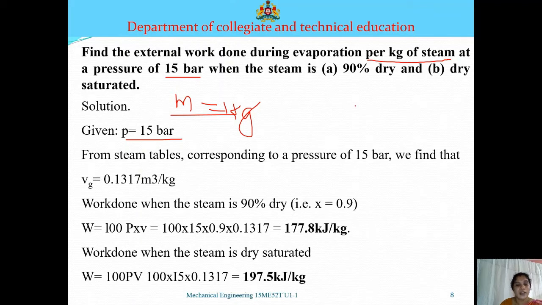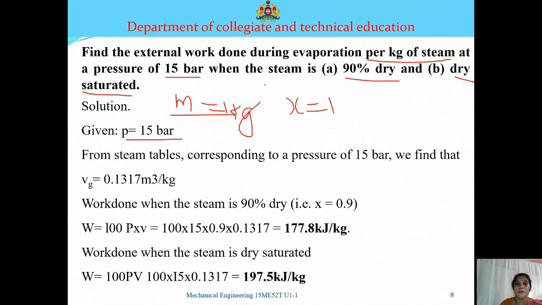They are given two conditions again. When the steam is 90% dry, and second is dry saturated. Dry saturated means X will be 1. So these are the two conditions they have given.